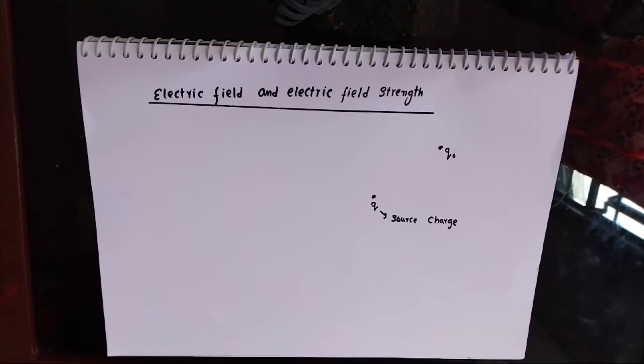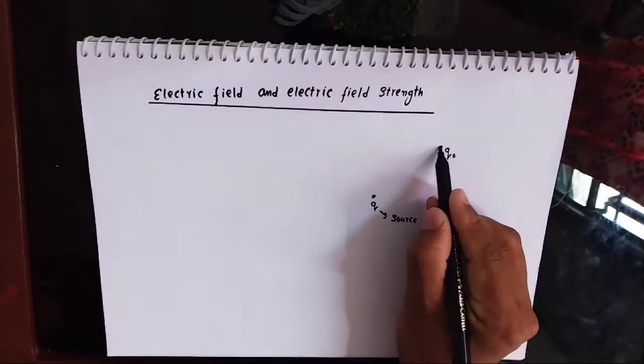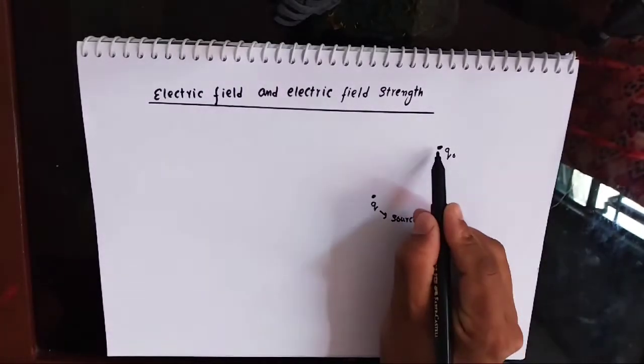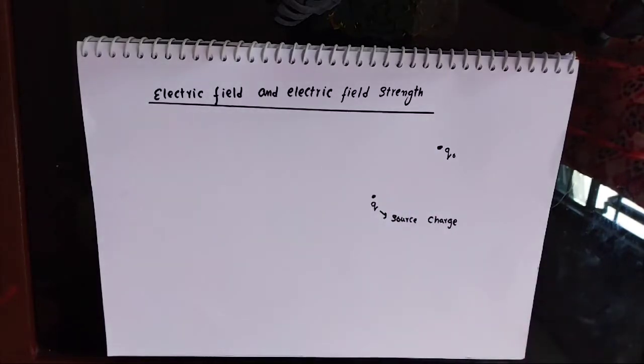So now let us find the expression of the electric field at this point. The electric field at this point is the force acting per unit positive test charge placed at that point.